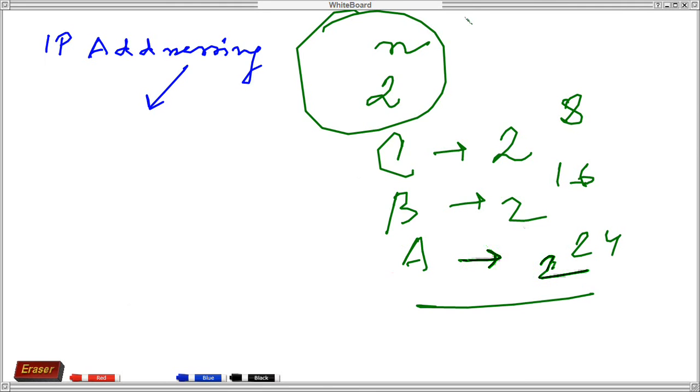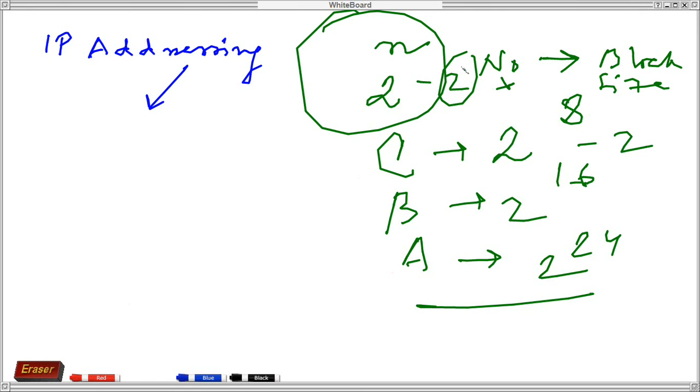This is the number of hosts. I will not say number of blocks, it is block size. I will say it is block size, and the number of hosts will be 2 to the power n minus 2. So it will be 2 to the power 8 minus 2, 2 to the power 16 minus 2, and 2 to the power 24 minus 2.